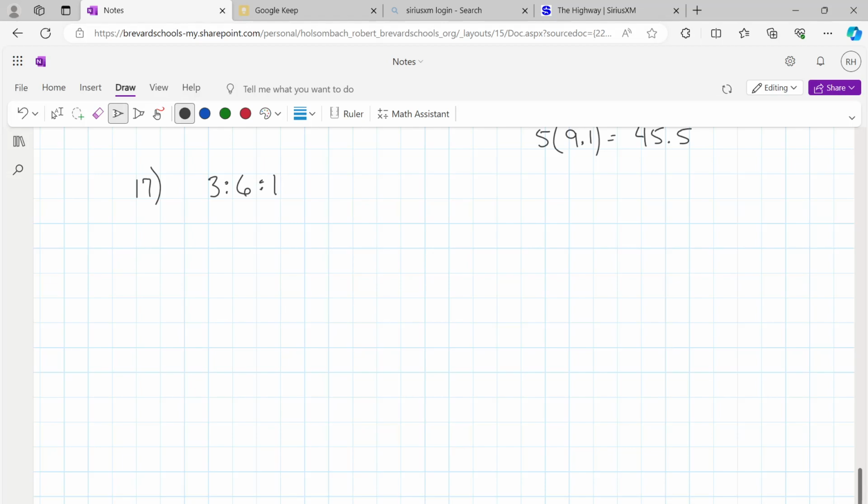Find the measure of the angles of the triangle. All right, so if the angles are in the extended ratio of 3 to 6 to 1, we're talking about angle ratio. When we were dealing with side ratio, we needed to know the perimeter. When we're dealing with angle ratio, we know that the three angles need to sum 180, right?